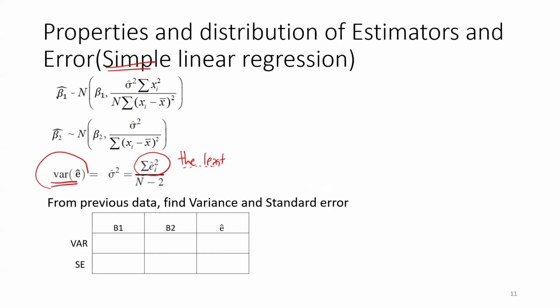Since this one is the least, variance is the least as well. Previously we calculated sigma error hat square equal 5.87, and it is 5 over 2. If you try to calculate it, you will get that variance of error is 1.96. You can try it.